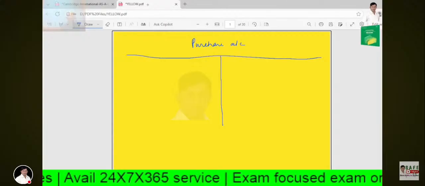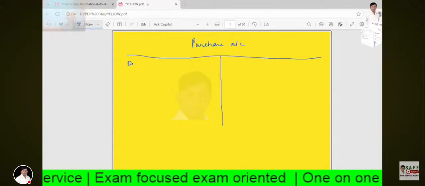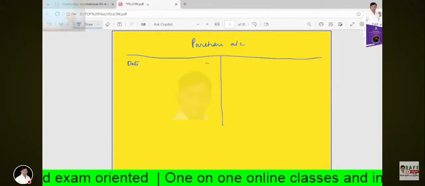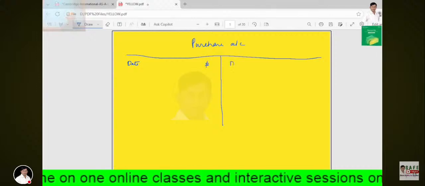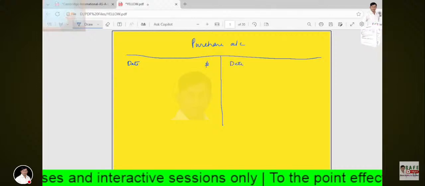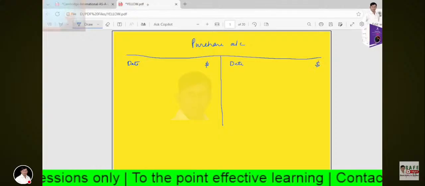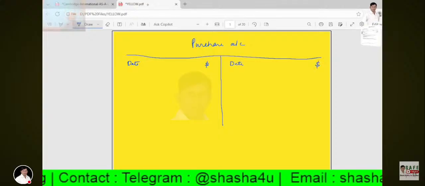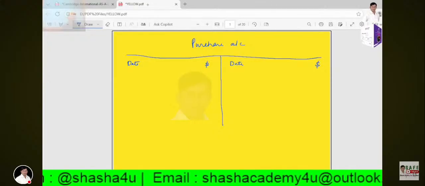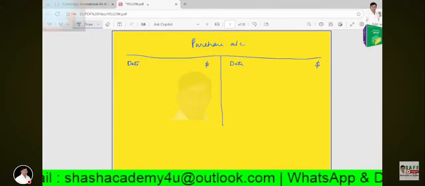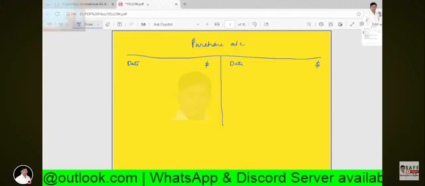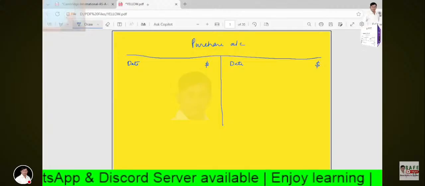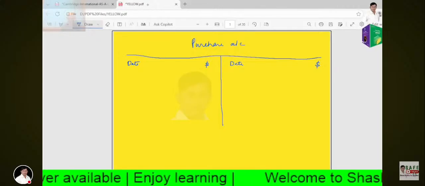Don't miss to put the date and the currency. Always write the heading, which account you are preparing. So purchase account. Purchase account is always an expense. Always it will be debited. So this is how you have to remember, so that the logic will be clear.